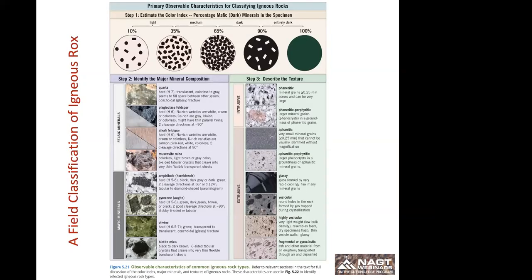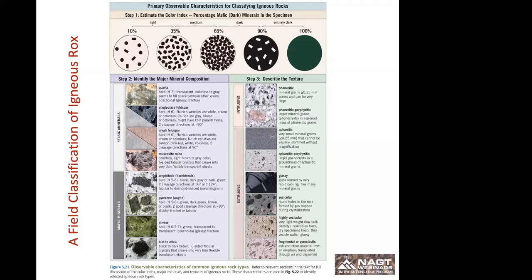We have 2 charts to help students differentiate between the major igneous rock types that are traditionally included in an introductory physical geology course. To identify a given specimen, students start by characterizing the percentage of mafic minerals, or color index, the types and abundance of minerals, and the texture of the rock.